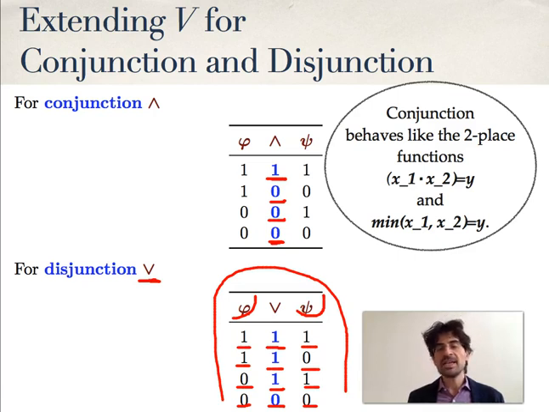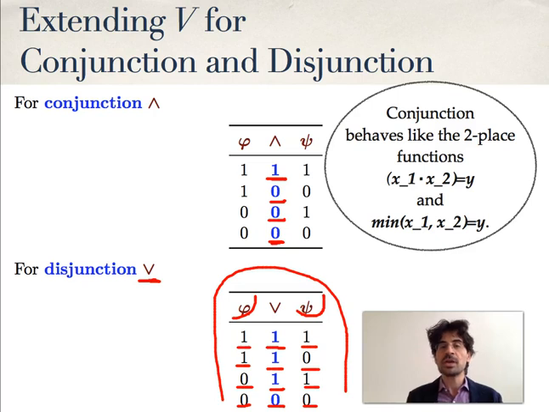So the meaning of disjunction is that a formula that is a disjunction is true if at least one of the two components of the disjunction, called disjuncts, is true. So it's not necessary that both of them are true for the disjunction to be true. So that's the difference between conjunction and disjunction.